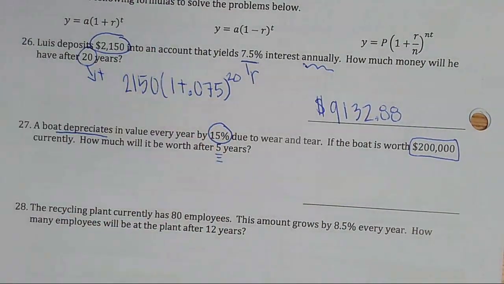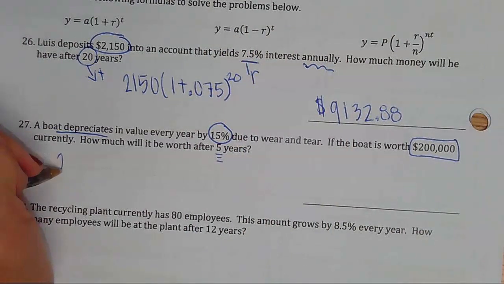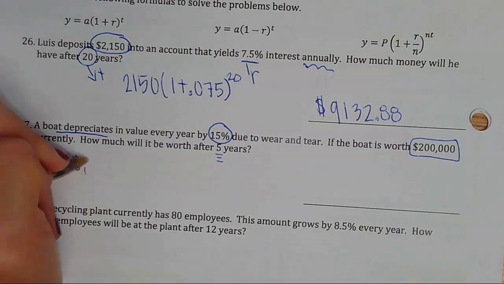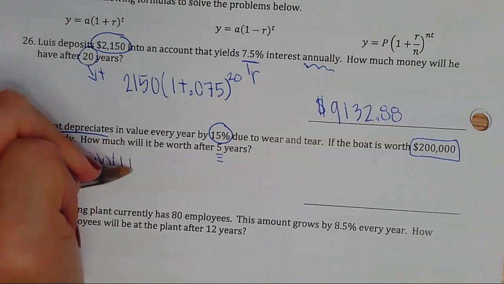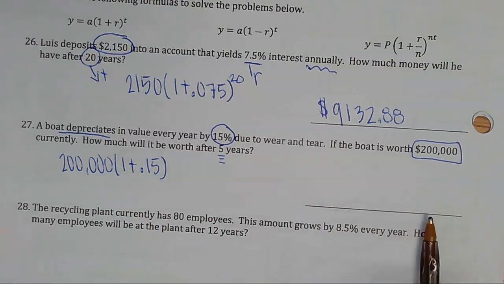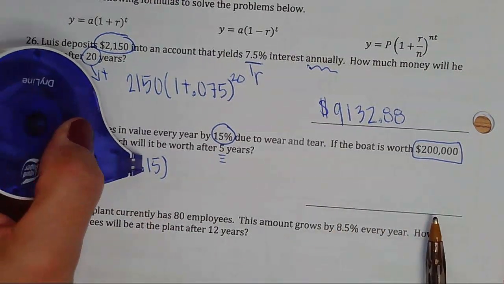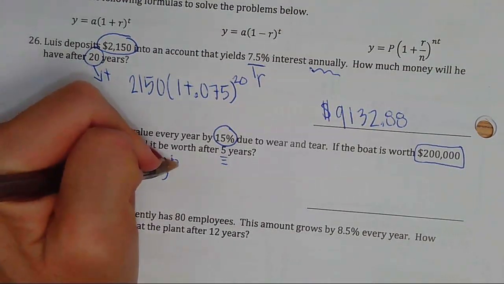All right, it's not compounding, so that's why we are only using this one. We're going to take our initial amount, 200,000. We're going to multiply it by 1 plus 0.15. Not plus, minus. And raise it to the 5th.